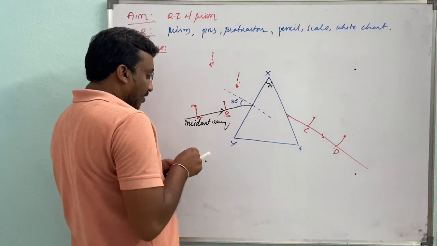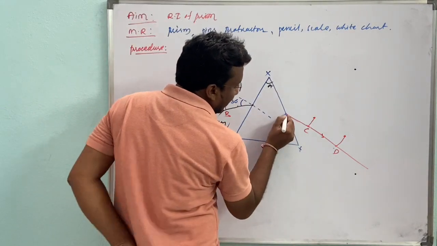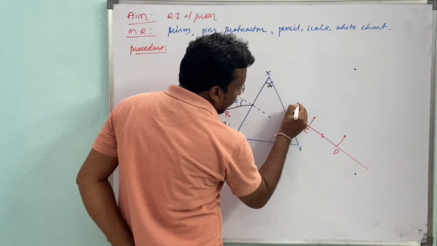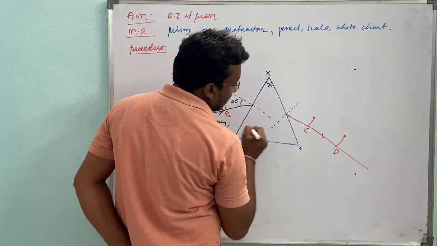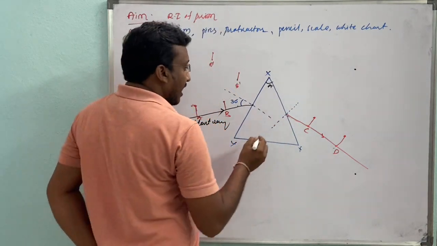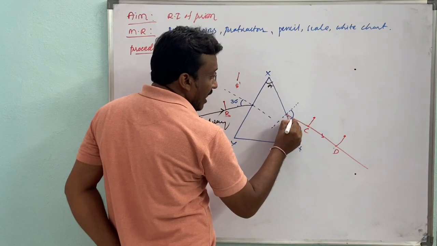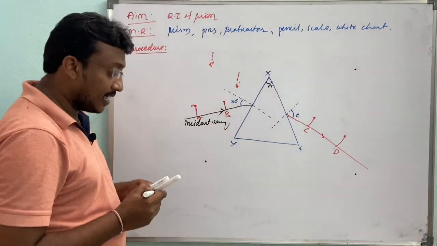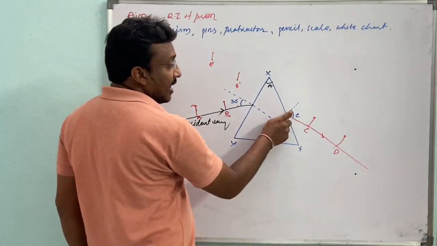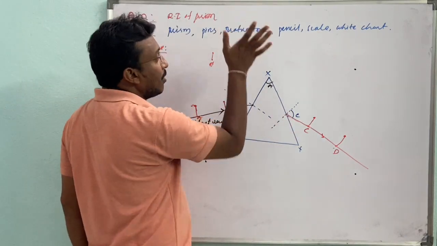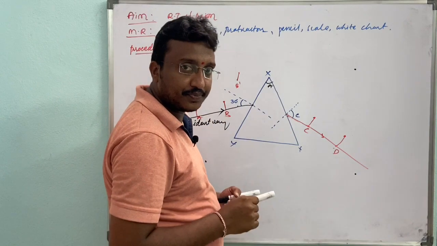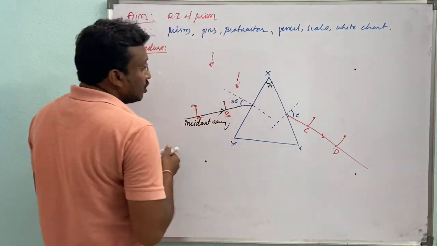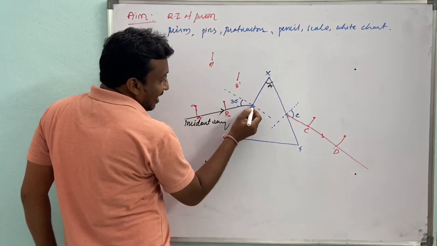Okay, there you can draw, from the point of incidence, the normal to it, and this angle is called the emergent angle. What angle? Emergent angle. Measure the angle of emergence with the help of the protractor. Got it? And join the points.